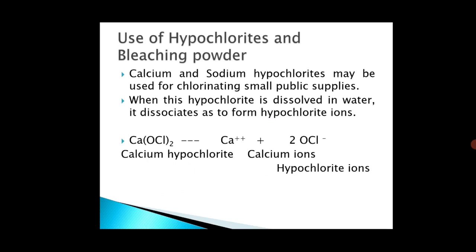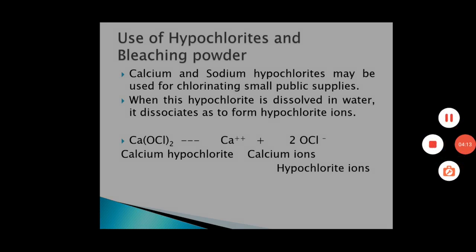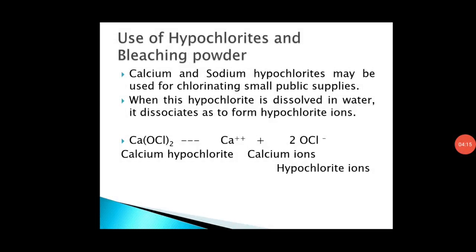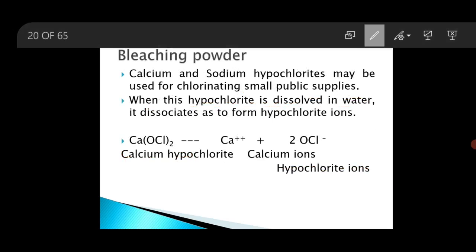Next we will discuss the use of hypochlorite and bleaching powder. The calcium and sodium hypochlorites may be used for chlorinating small public supplies. So this calcium and sodium hypochlorite can be used for chlorinating water supply.